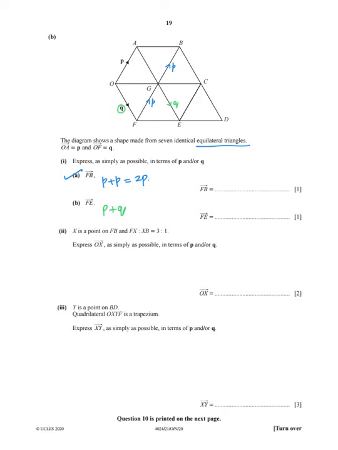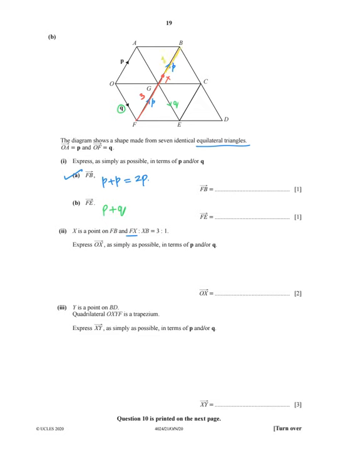Firstly, for this part, I will try to find FX. We have a ratio here that is 3:1. Let's suppose this point here is X, right? From F to X it's 3 ratio, then from X to B it's 1 ratio.